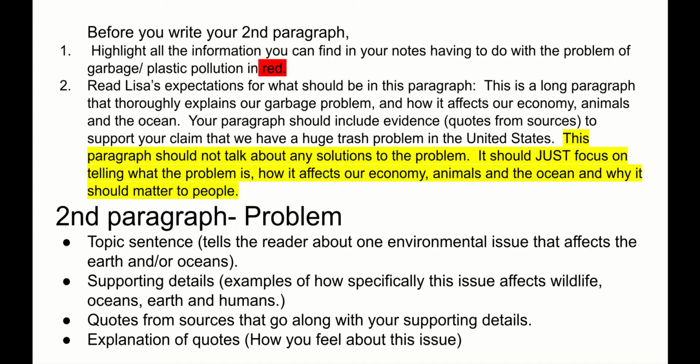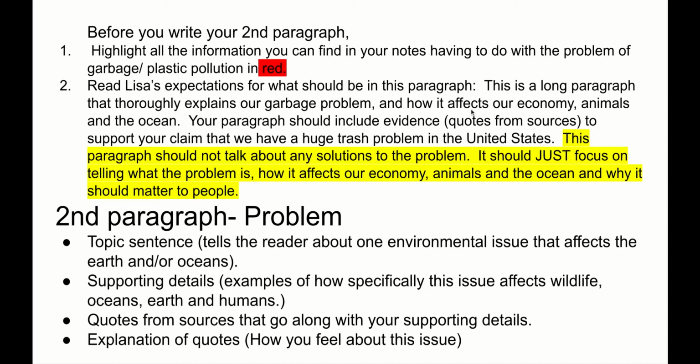So before you write your second paragraph, you're going to do something a little bit different. You're going to highlight all of the information that you can find in your notes having to do with the problem of garbage or plastic pollution in red. So, first, you're reading through all of the notes that you've taken and highlighting things in red. And then it's really important before you start your second paragraph that you read my expectations for what should be in this paragraph.